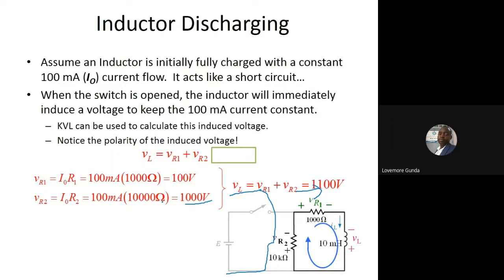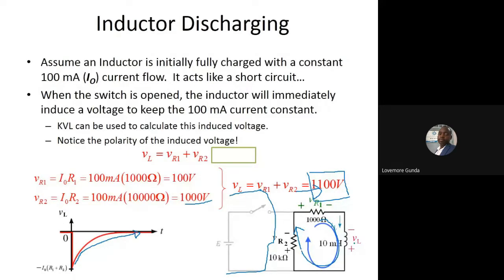Then VL, the voltage across the inductor, becomes equal to 1,100 volts, but it was just produced by that initial circuit that we're talking about. And then our current will be moving from a negative towards 0, right? But remember, now you have this current flowing, right?